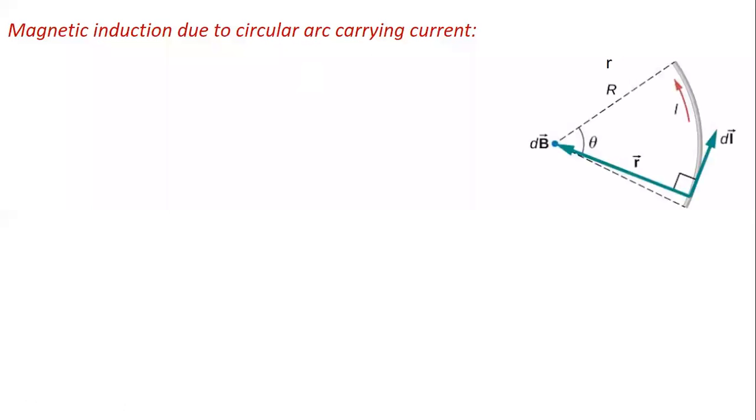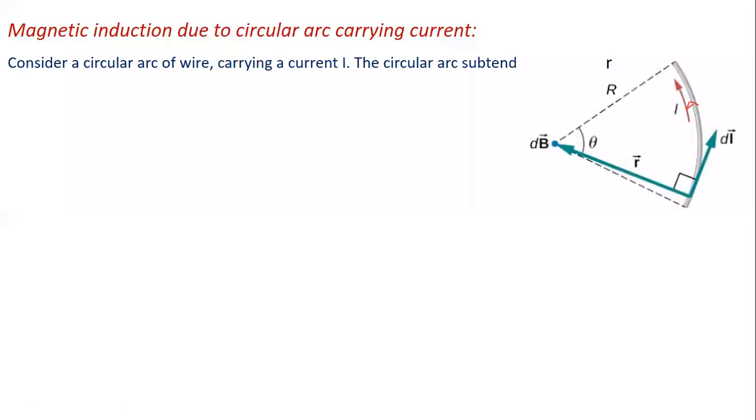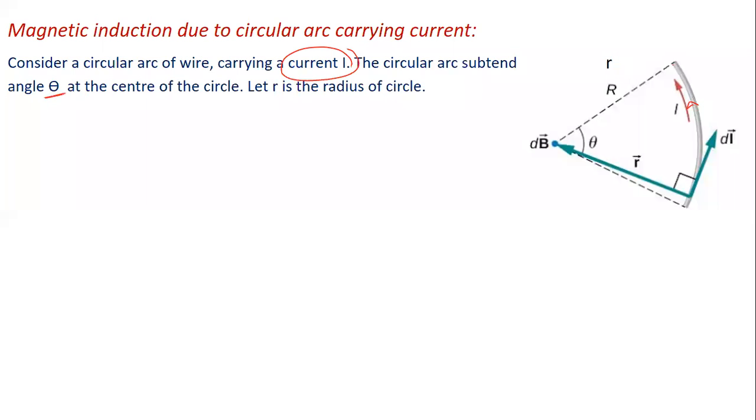Magnetic induction due to a circular arc carrying current. Now we consider a circular arc. So you can see in the diagram, instead of a coil, we consider a smaller portion, a circular arc, which carries a current I. Consider a circular arc of wire carrying a current I. Angle theta at the center of the circle, and small r is the radius of this circular arc.